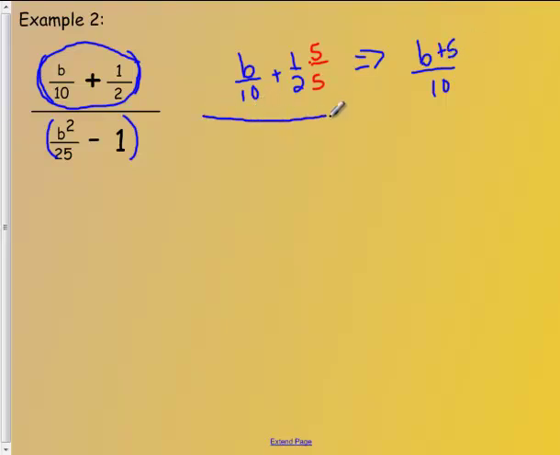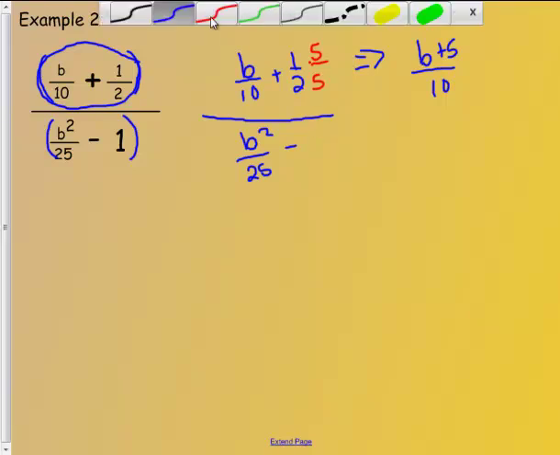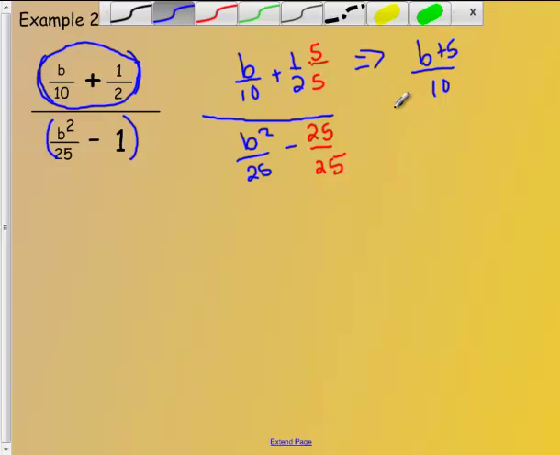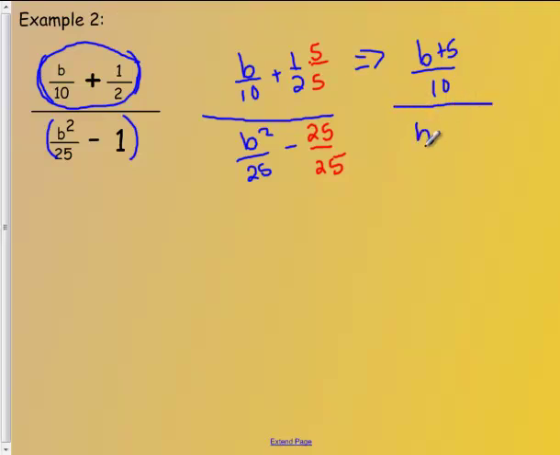Okay, on the bottom, I have b squared over 25 minus, and I'm going to rewrite 1 as 25 over 25, so I can get to my common denominator very quickly. B squared minus 25 over 25. That's great. I did my adding and subtracting. Now I can finally get to my division.